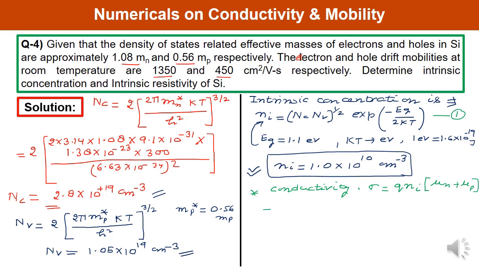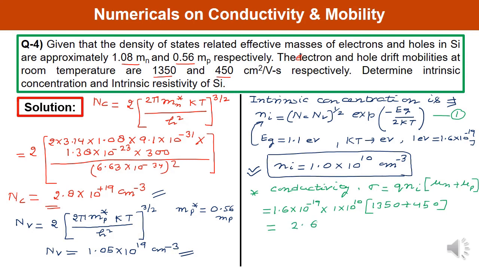Substitute all these values. Q is 1.6 into 10 raised to the power minus 19. What is the value of Ni? This is 1 into 10 raised to the power 10. Mobility of electrons and holes is given, which is 1350 plus 450.